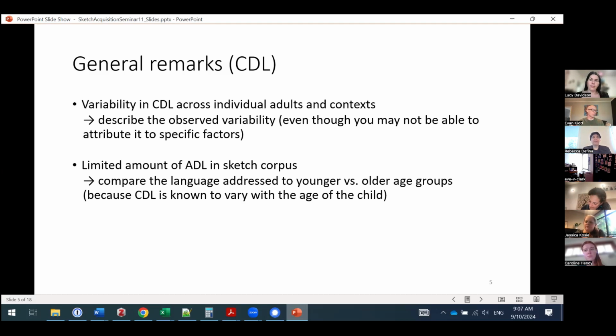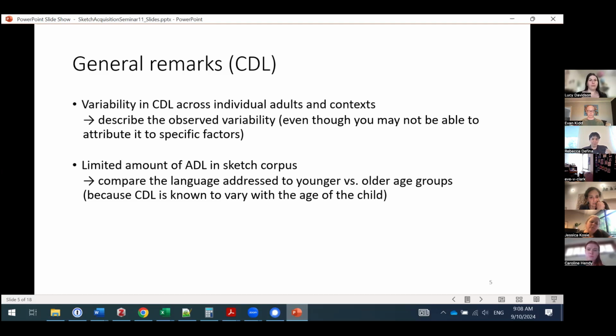And another common issue we came across is in the sketch format, there's a limited amount of adult-directed language generally. So there's often some adult-to-adult conversation, but it's quite limited in contrast to the child-directed language.